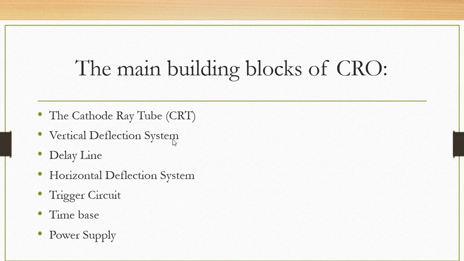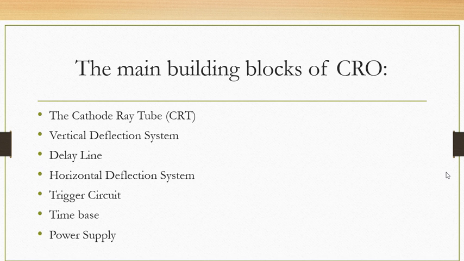Now in this lecture we will complete the delay line and the horizontal deflection system, inside which we have to see the trigger circuit, time base and the power supply as well. These things we have to complete now. It will complete the basic study of the CRO, and then we will see different types of modes and different types of CROs. That will be very easy for you to understand.